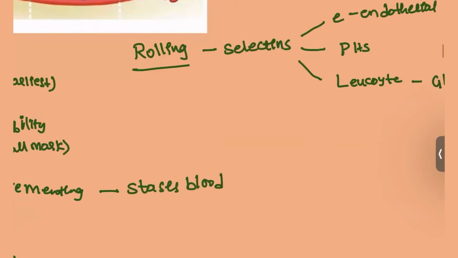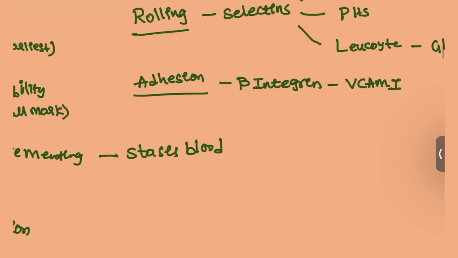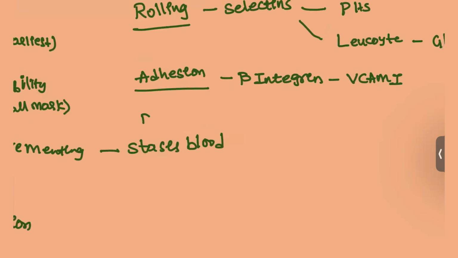Next, adhesion, attachment to the endothelial cell. What is going to help? The adhesion is going to be helped by the beta integrin, with the help of VCAM-1. Then emigration and diapedesis.